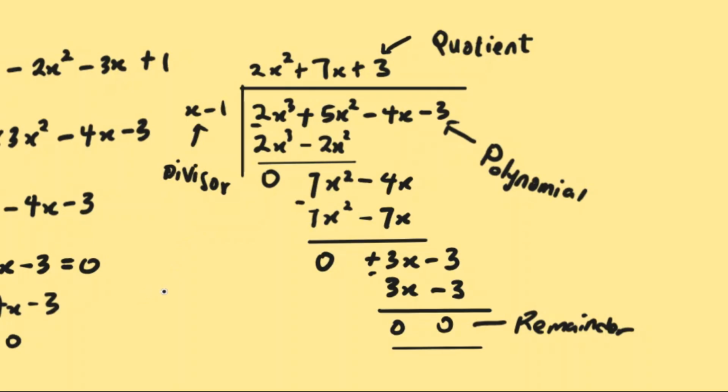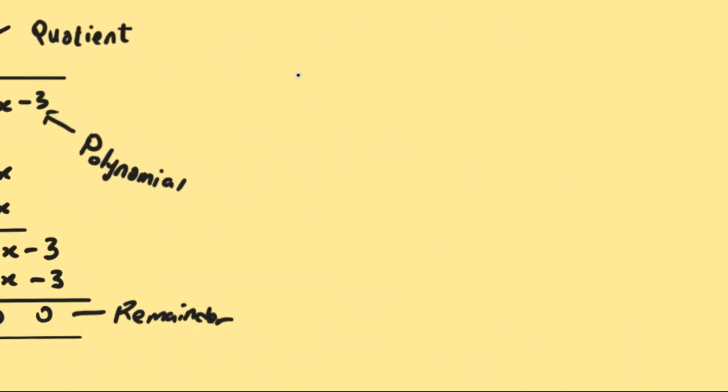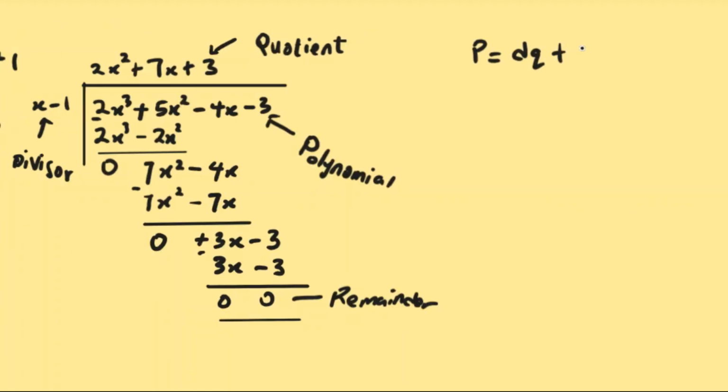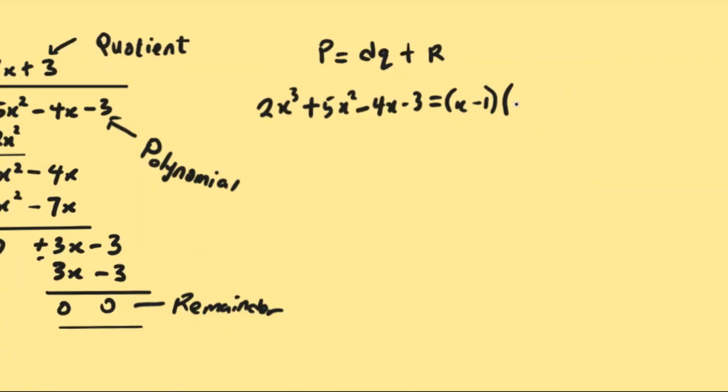So of course, if you understand the general form of a polynomial, which is P equals dq plus r, our polynomial here, 2x raised to the power 3 plus 5x squared minus 4x minus 3, is now equivalent to our divisor, which is x minus 1, multiplied by our quotient, which is 2x squared plus 7x plus 3, plus the remainder, which is plus 0.